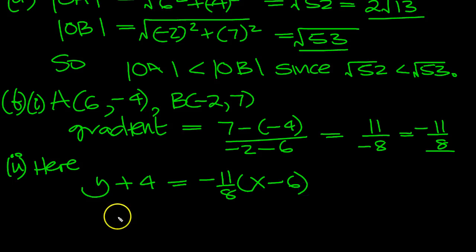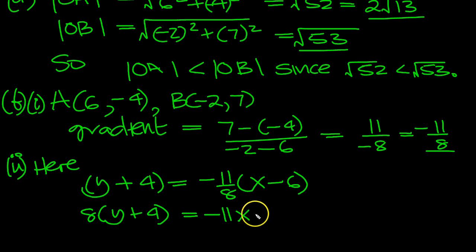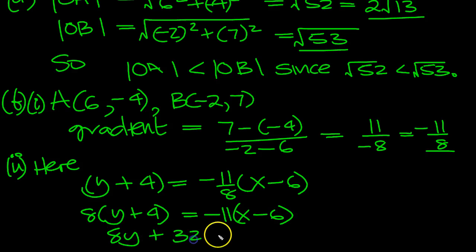So there's our equation. So move the 8 up here, more than one term, put a bracket. So 8 times y plus 4 is equal to minus 11 times x minus 6. Expand the brackets: 8y plus 32 equals minus 11x plus 66.